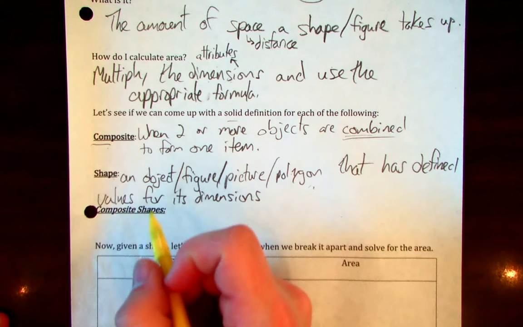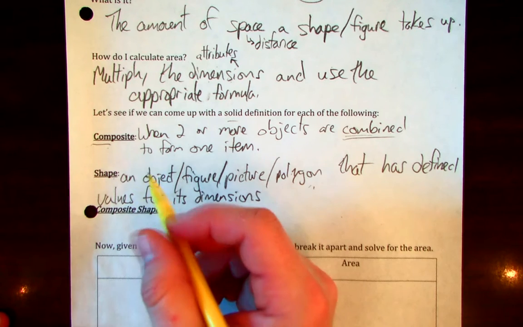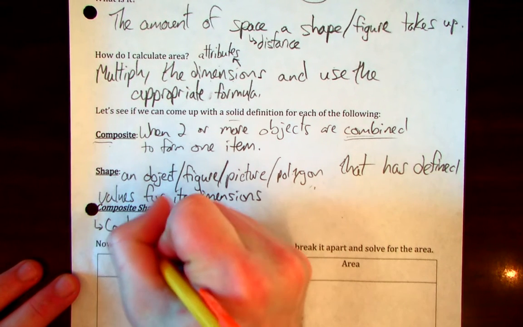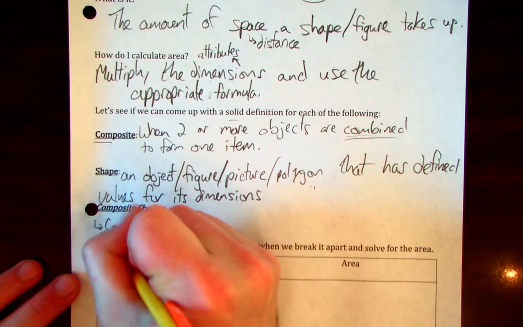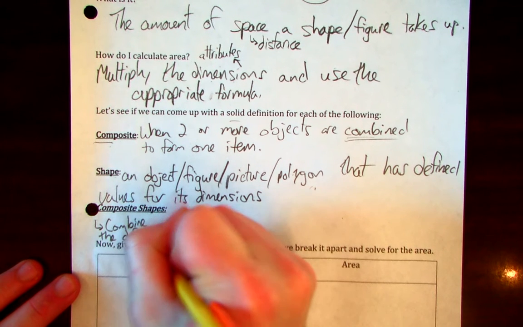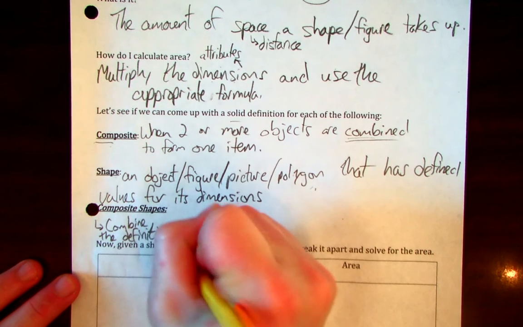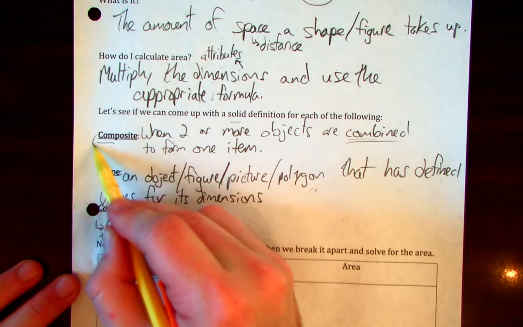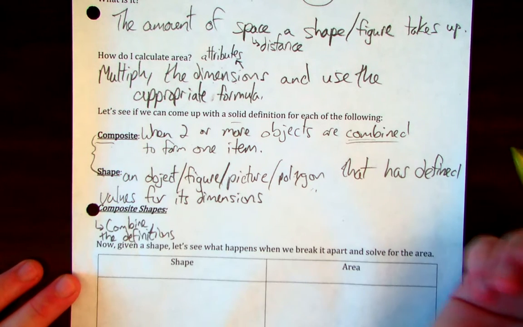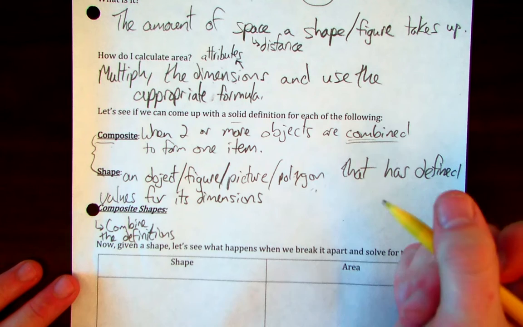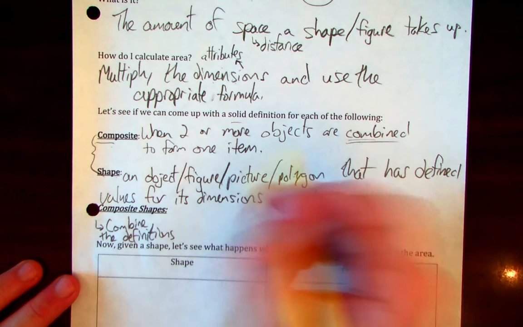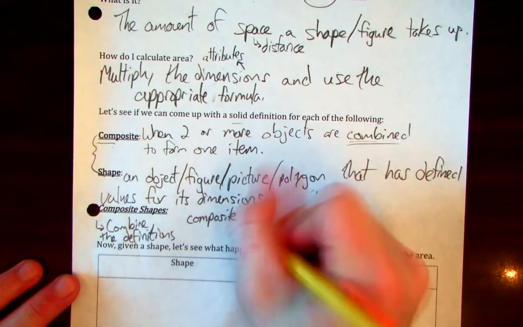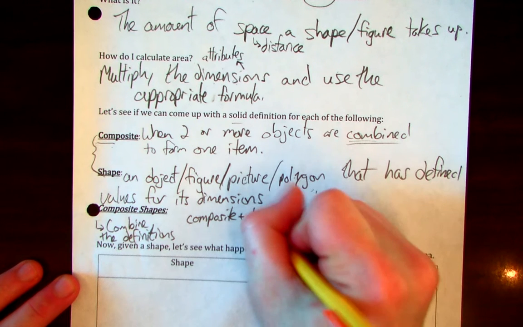Using that idea, we're now going to combine the definitions, meaning we're going to add composite and we're going to add shape together to get composite shape. So again, composite plus shape. Well, what does that mean?